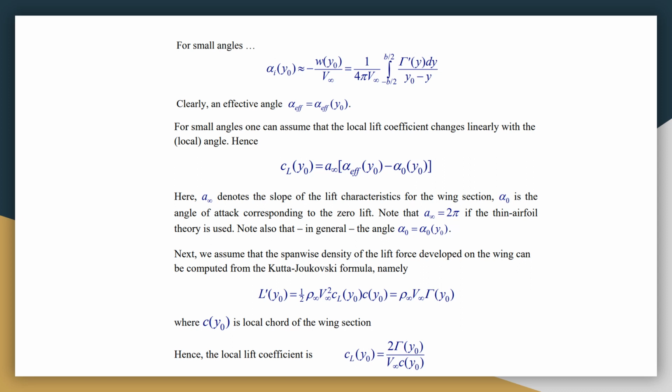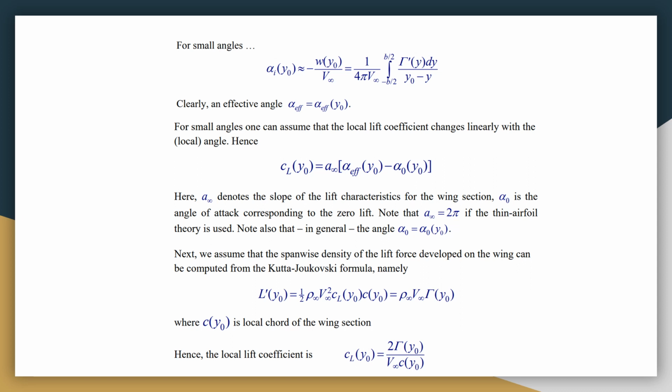Here a infinity denotes the slope of the lift characteristics for the wing section, and alpha naught is the angle of attack corresponding to zero lift. Note that a infinity equals 2 pi if thin aerofoil theory is used. Note that in general the angle alpha naught equals alpha naught at y naught.